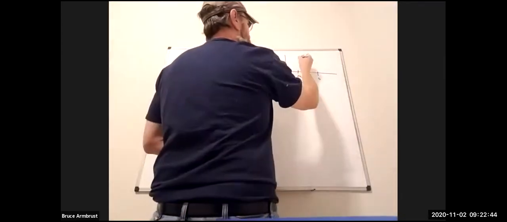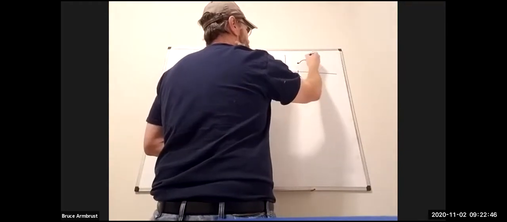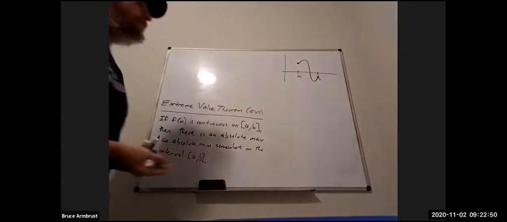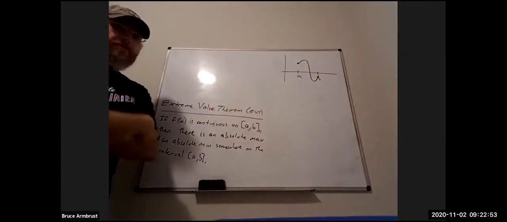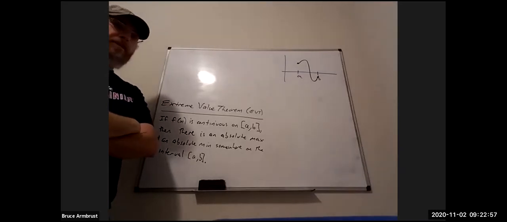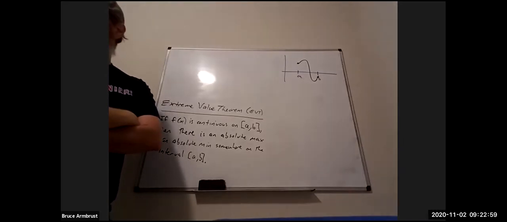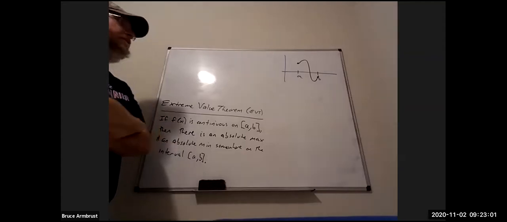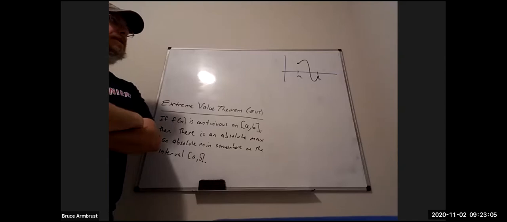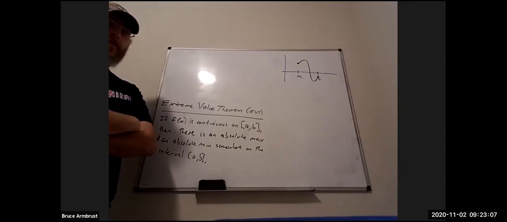All right, so let's start with, say, this one. So it is continuous between A and B. You saw me draw it without lifting the pencil. And looking at it, hopefully you can see an absolute max and an absolute min.